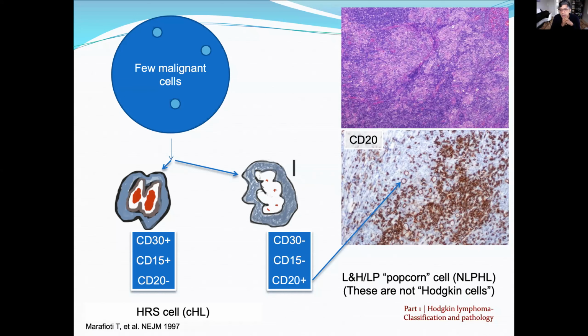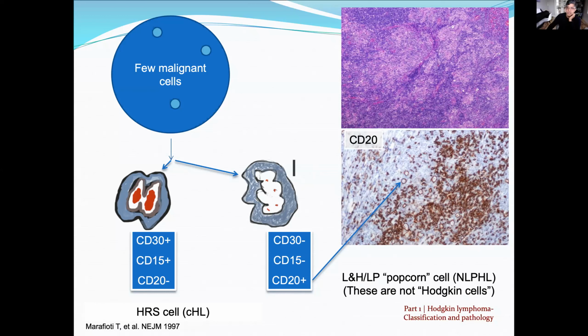These are the cells of nodular lymphocyte predominant Hodgkin lymphoma. And these are not called Hodgkin cells. I don't think any of the cases that Thomas Hodgkin originally described were nodular lymphocyte predominant Hodgkin lymphoma.